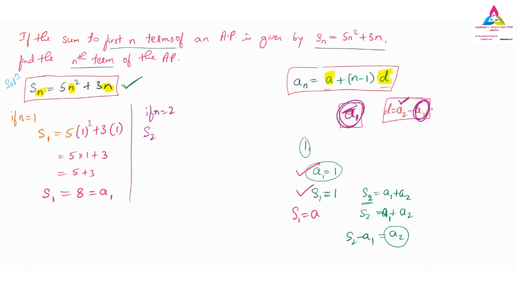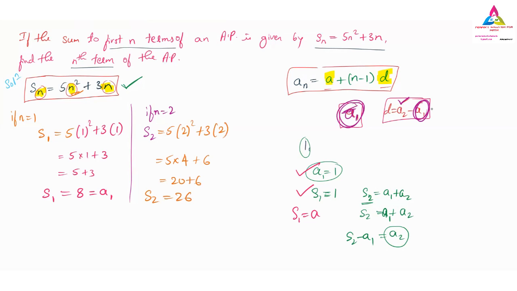So s2 is equal to 5 into n squared, with n as 2, so 2 squared, plus 3 into 2. 2 twos are 4 and 3 twos are 6. 5 fours are 20 plus 6. So the final answer will be 26. That is our s2 value.